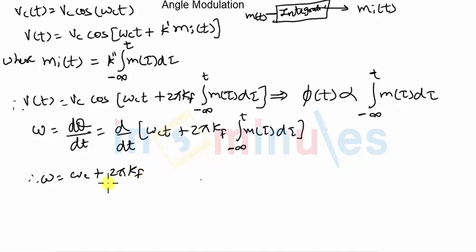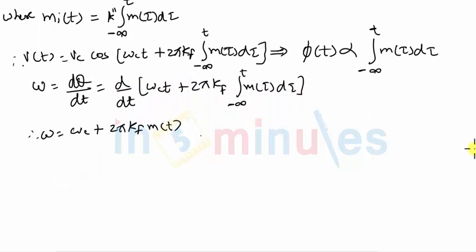It's a constant, it will remain as it is. Derivative and integration cancel each other out and I get back my original m(t), which was being integrated otherwise. So that's my instantaneous frequency in terms of radians per second.